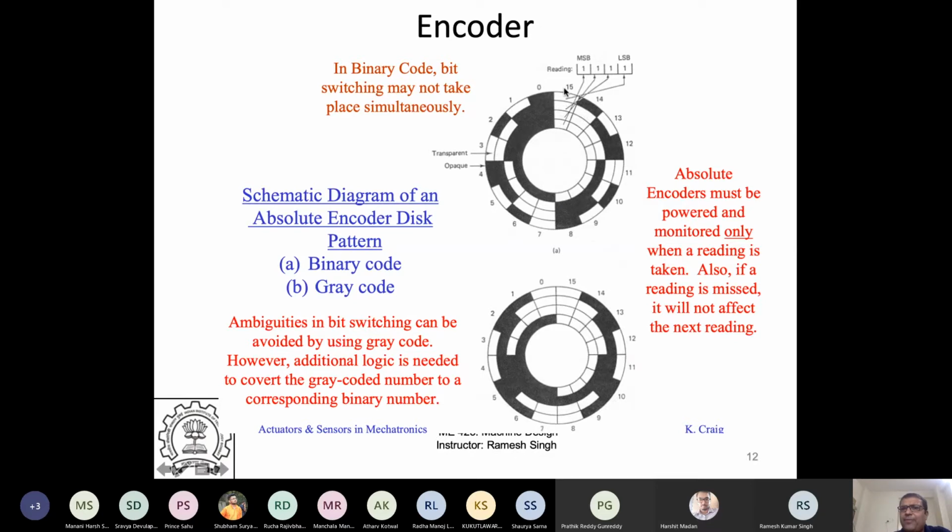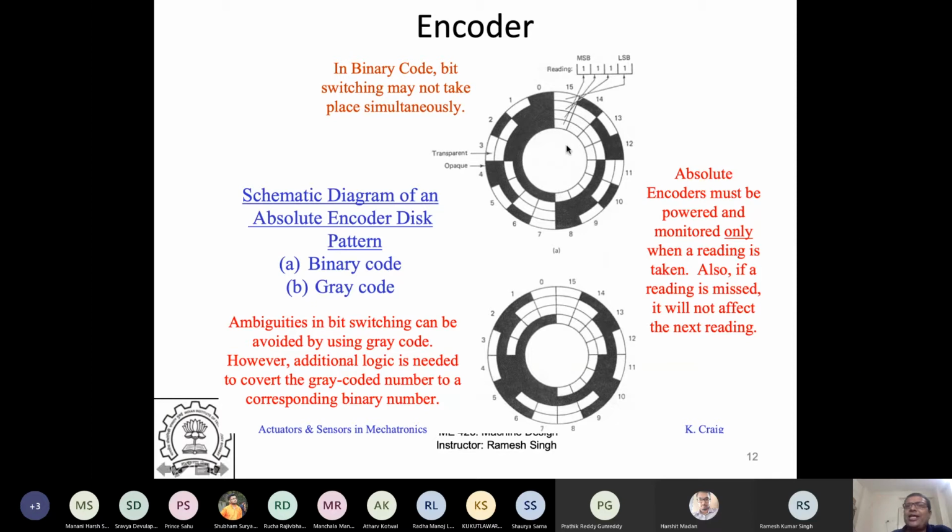So basically, if all 4 are bright, I will have a binary code for this. The binary code will be 1, 1, 1, 1, right? And for this one, the binary code will be 1, 0, 0, 0. So for each location, I have a unique binary code depending upon the number of tracks, right?